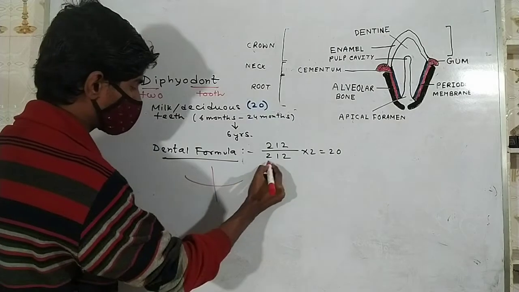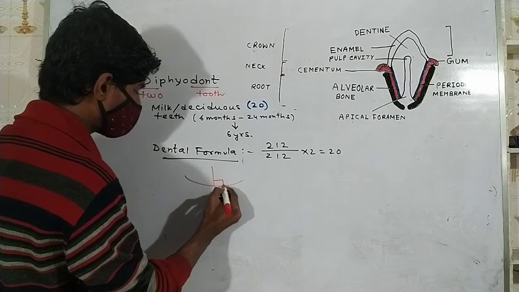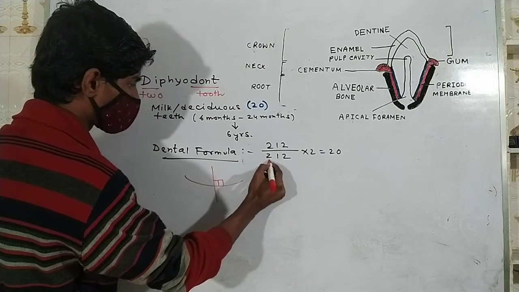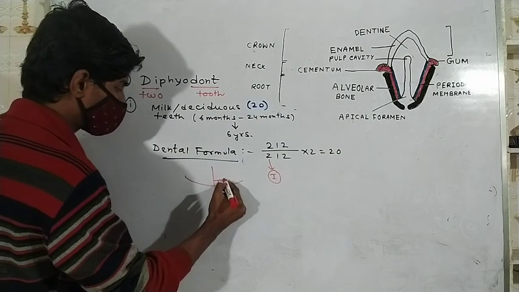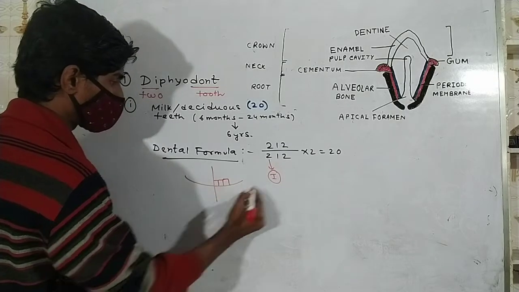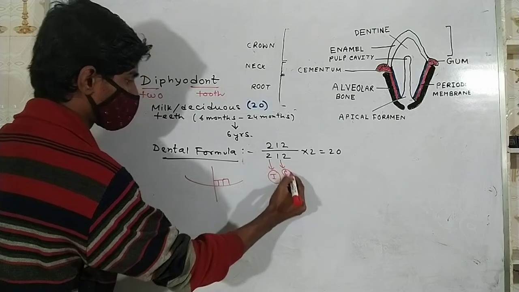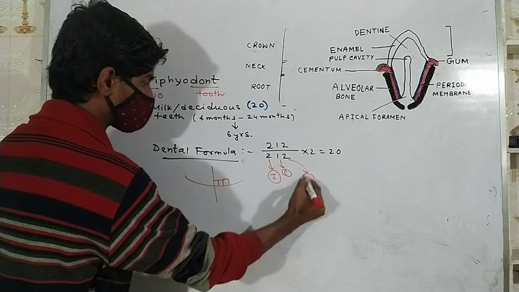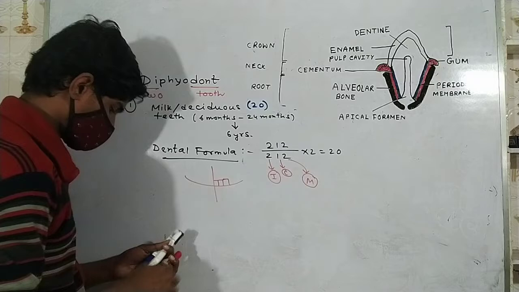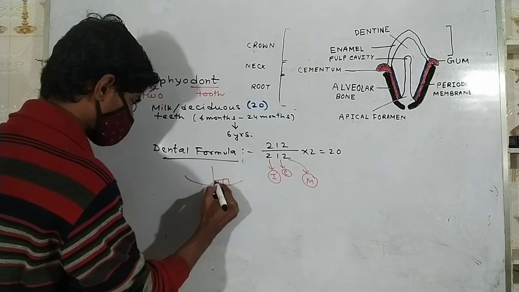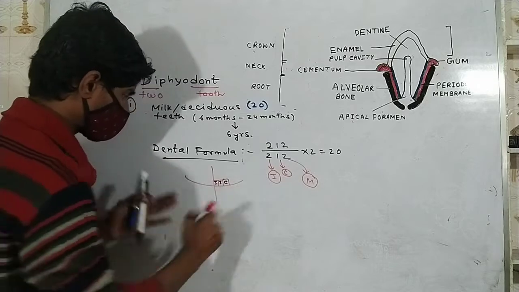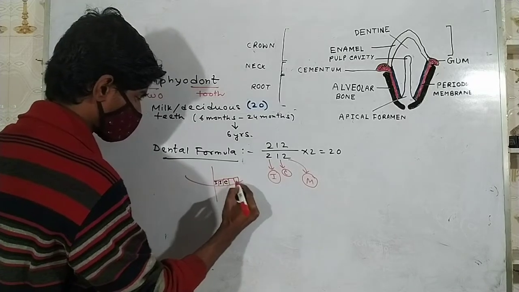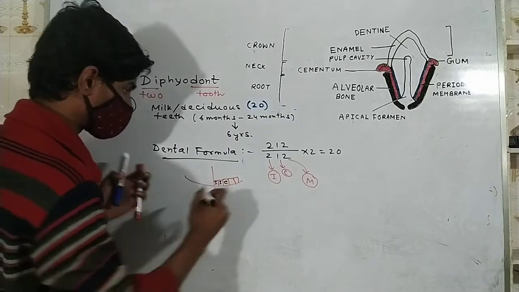You can see that there are 2 incisors, 1 canine, and 2 molars.